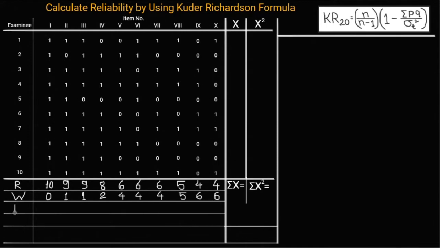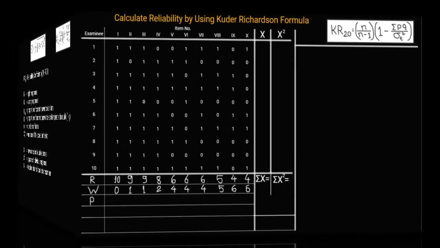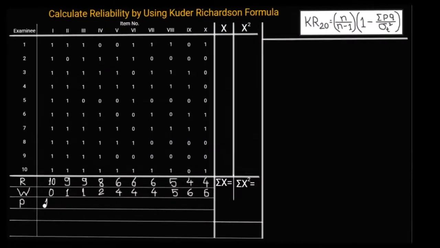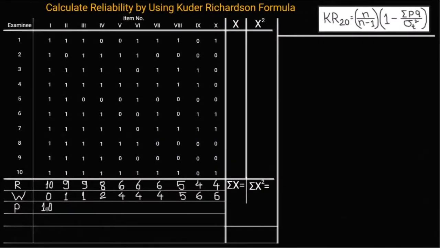Okay, the next step is to calculate P. Then look, what is P? P is the proportion of correct answers to each item. Let's calculate the proportion of correct answers.